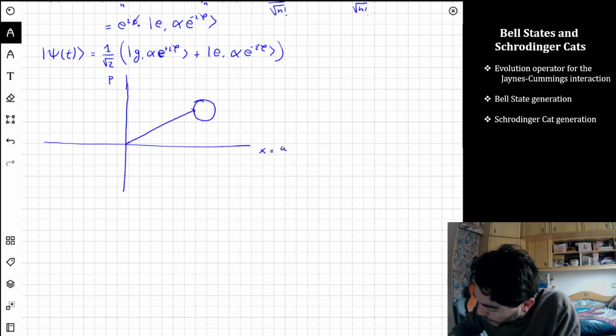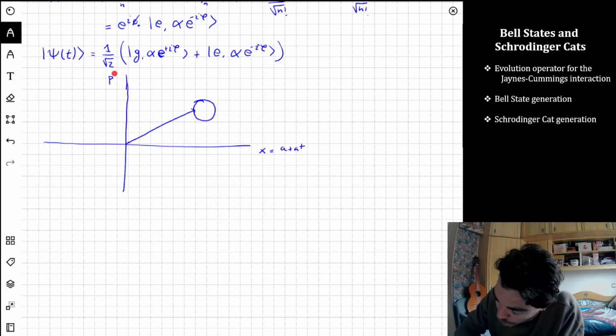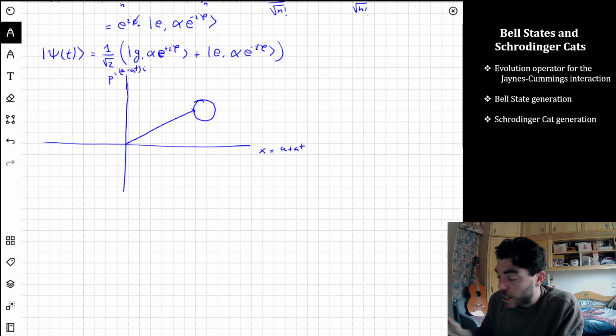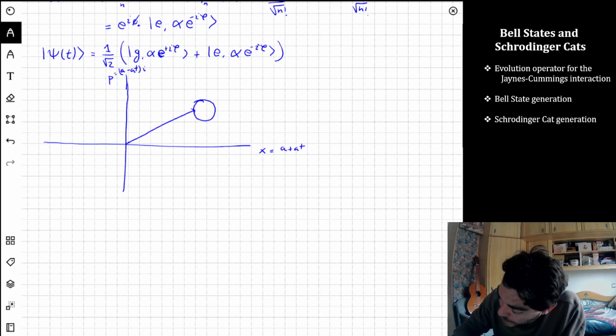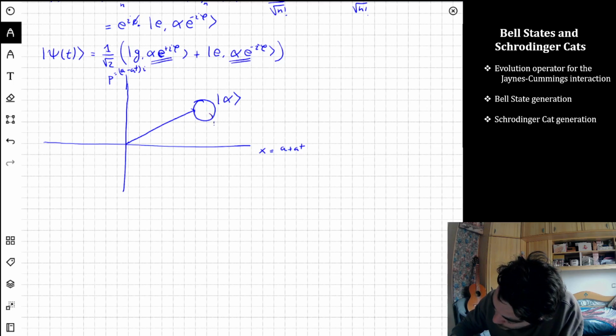X is a plus a dagger basically, and p is a minus a dagger times I. So these are the two quadratures. I'm assuming this is known, this is basic quantum optics. This is the state alpha. Now, because of the interaction with the atom, we have these new states in a quantum superposition. So if this is an angle psi, now we have this state here.